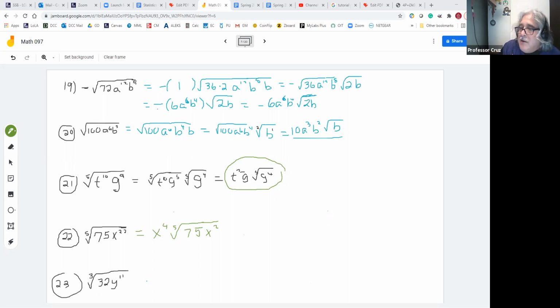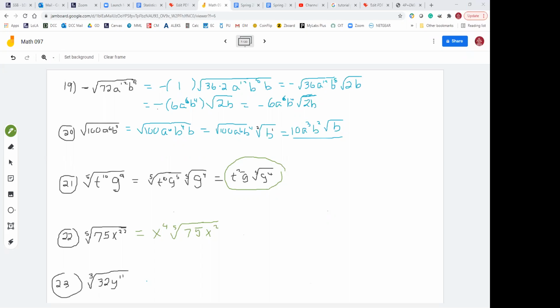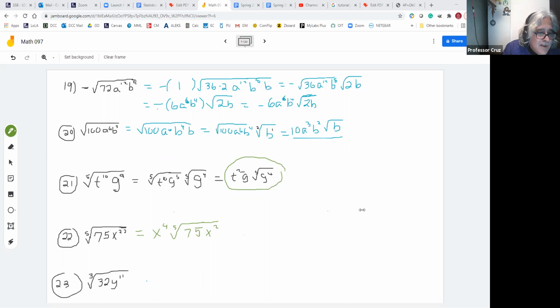Let's see. 2 to the 5th was 32, and 3 to the 5th was 243. So this right here is not going to break down any because there are no 5th powers after 2. I mean, 3 to the 5th power already way surpasses that. They get big real quick.